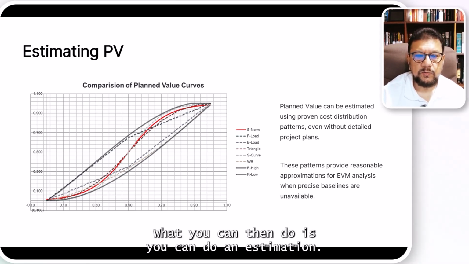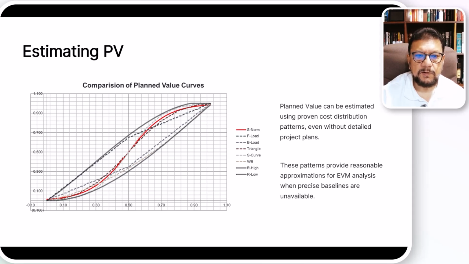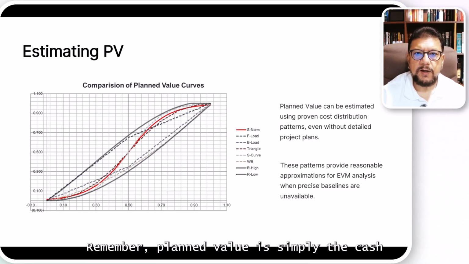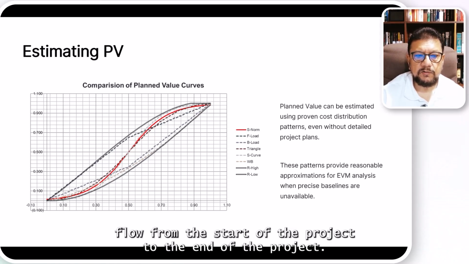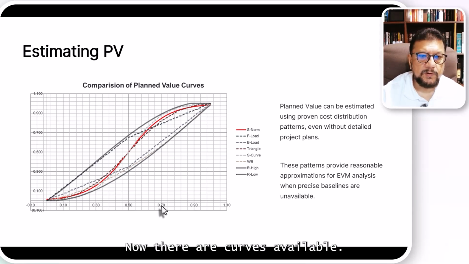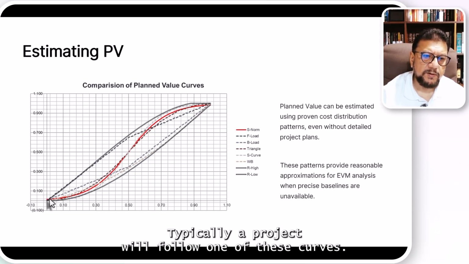What you can then do is an estimation. There are various ways of estimating planned value. Remember, planned value is simply the cash flow from the start of the project to the end of the project. So this is how much money you should have spent at different times. Now, there are curves available. Typically, a project will follow one of these curves.